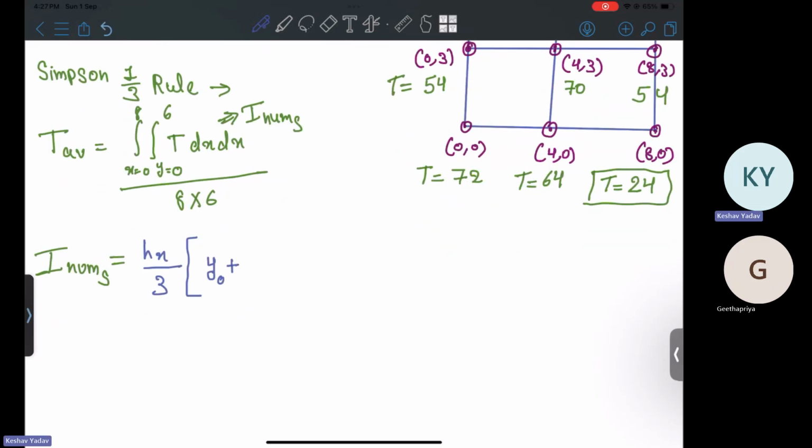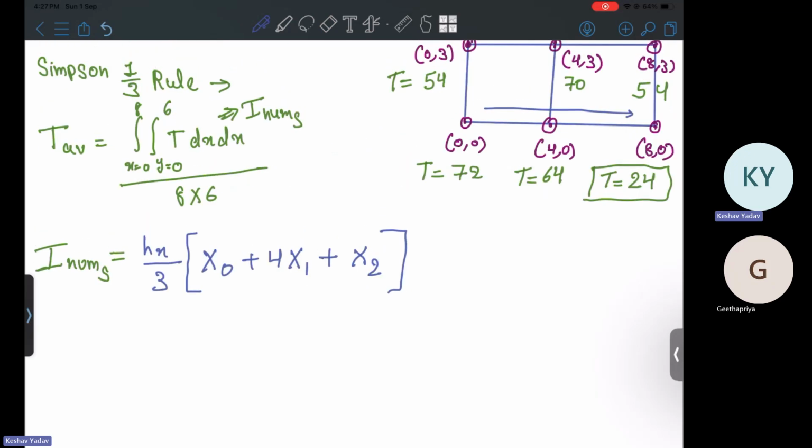In the X direction, I am doing the integration. First I am going in this direction. So I have got some capital X0 plus 4 times X1 plus X2.